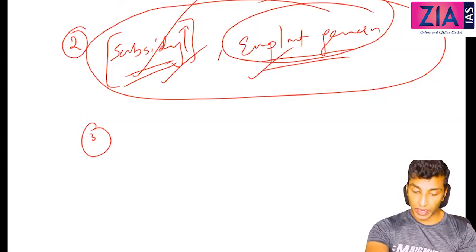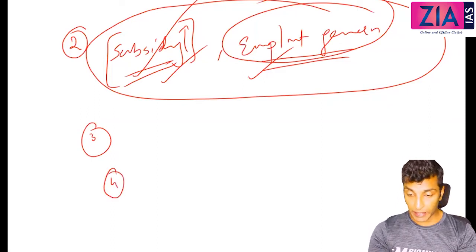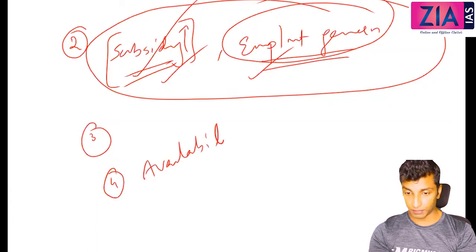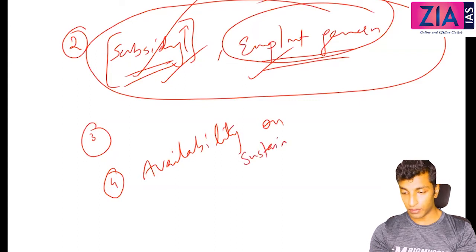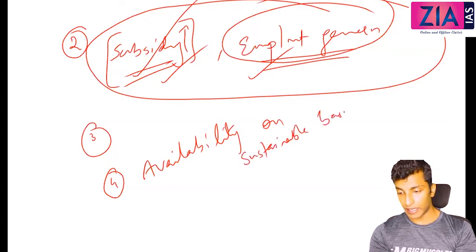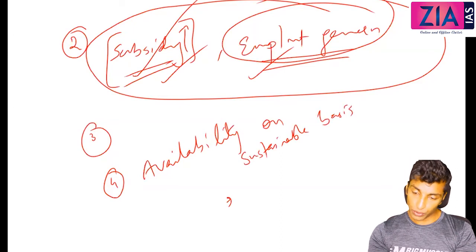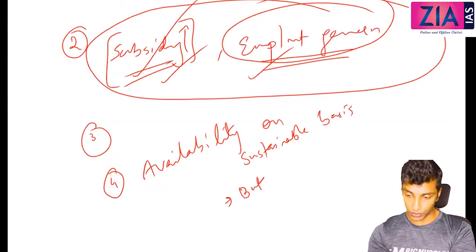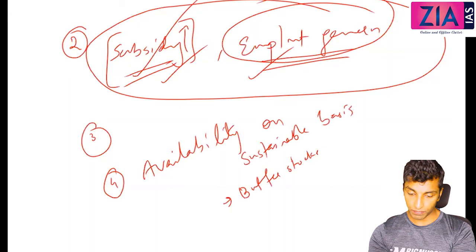So the next point you can write: availability on sustainable basis. So how to make it available? Buffer stock. So there you can write buffer stock. Then organic farming.